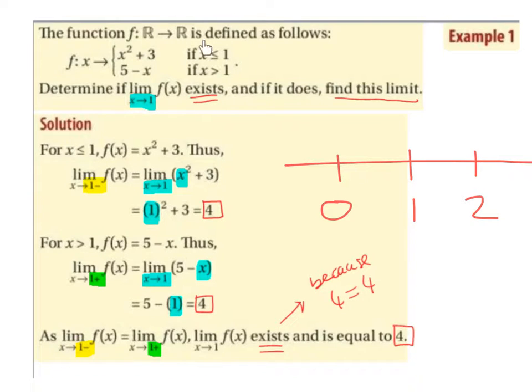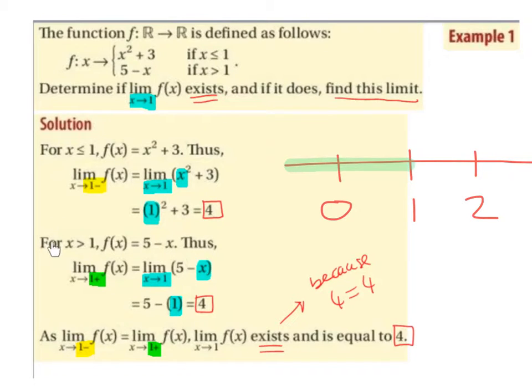So x values that are less than or equal to 1 include 1 and everything to the left of 1, which is why we used the limit of f(x) as x approaches 1 from the left. So as x approaches 1 from the left, we're moving in towards 1.